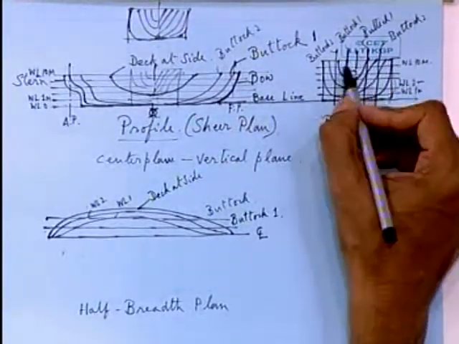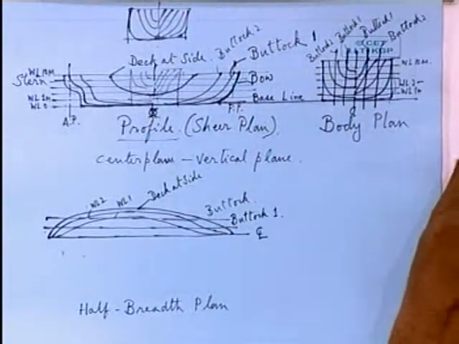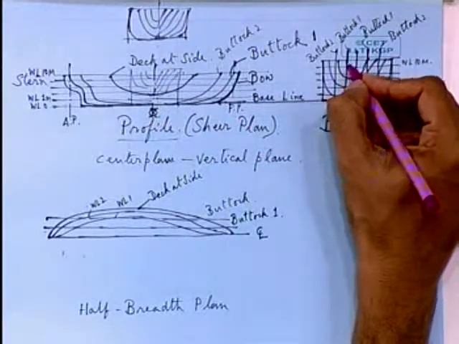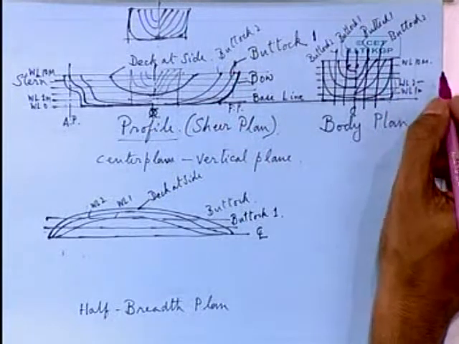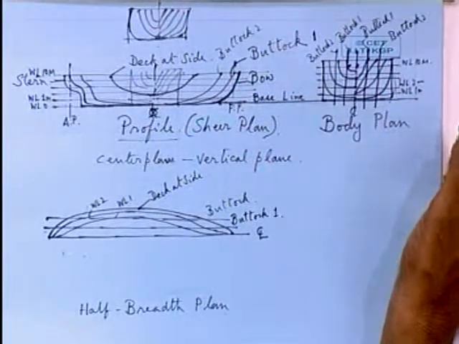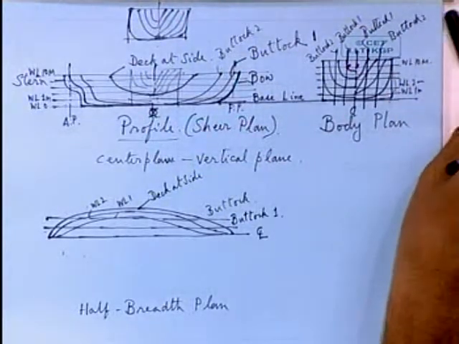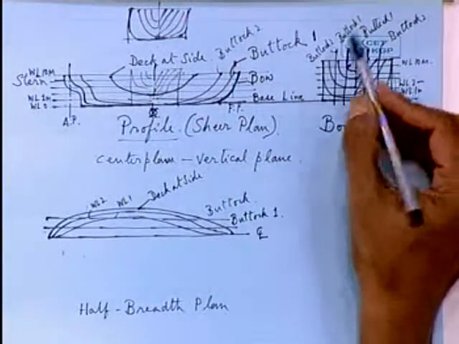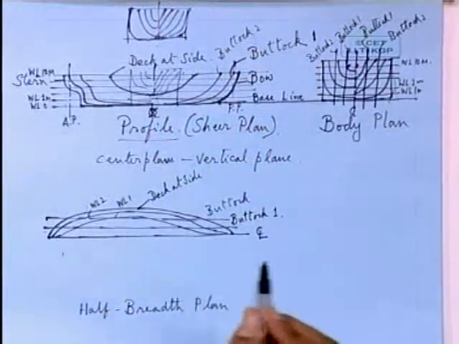Now, suppose at a particular water line, you get a particular point on the curve, and immediately you can read off this breadth at a particular water line. Say this is water line 10 meters. So you can offset, these are called offsets. You can offset the breadth from the center line from the body plan and mark it on the half breadth plan.